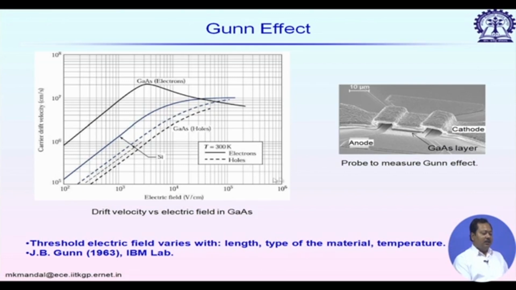J.B. Gunn was doing an experiment using group 3 group 5 material in an IBM lab, and he discovered the characteristics of these transferred electron devices, and that is why sometimes it is called a Gunn diode.